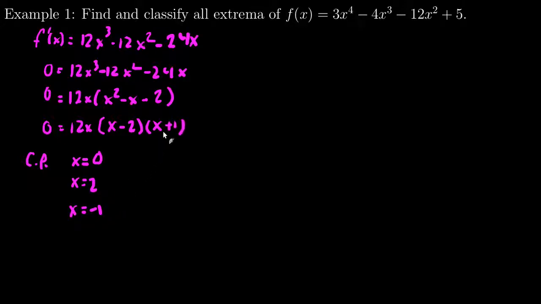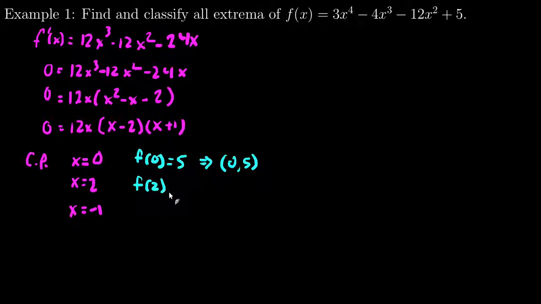By plugging these in, f of 0 is equal to 5, that's easy enough, I have the point 0, 5.